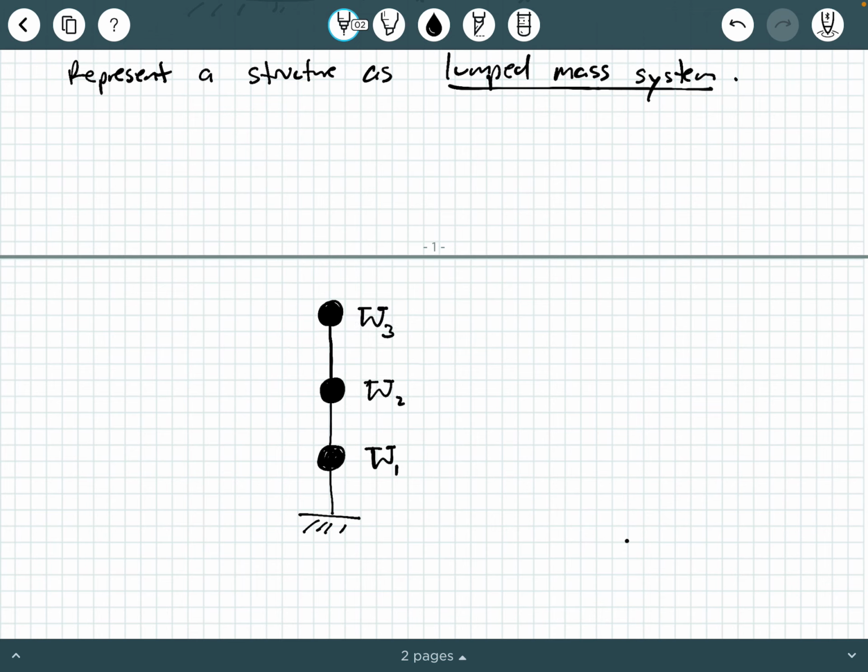Now, these are going to be dead loads. And then, of course, you still have an H1, an H2, and an H3 as your story heights here.